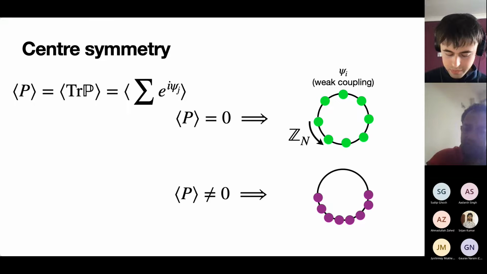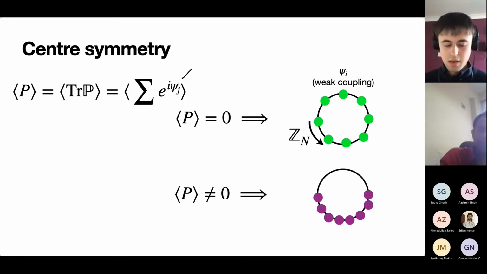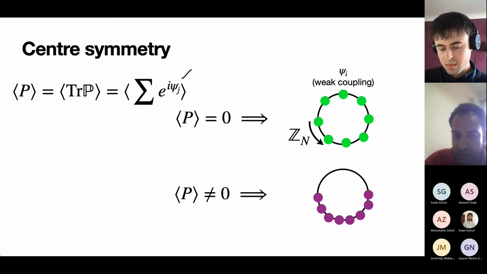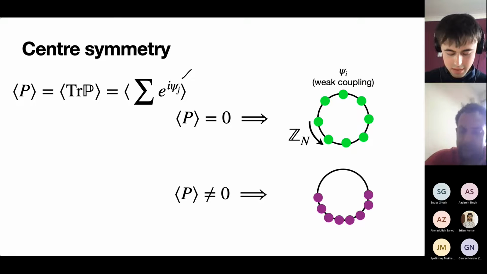It's in this expression here. I mean, in principle, they could be distributed in some way so that the sum becomes 0. Does it have to be on the...? It seemed like you were saying that it has to have a Z_N symmetry.